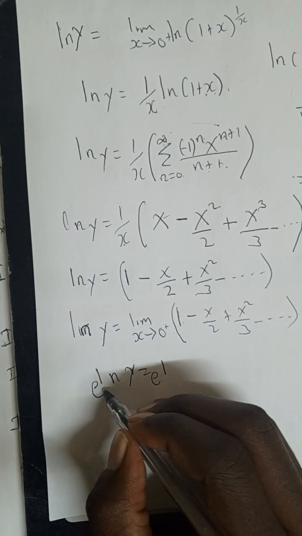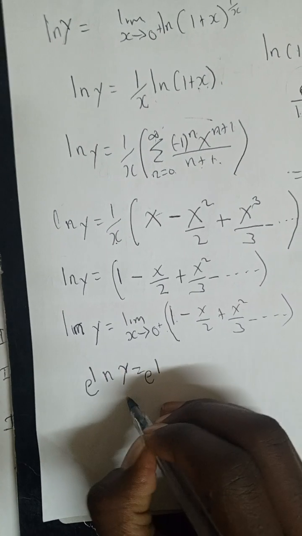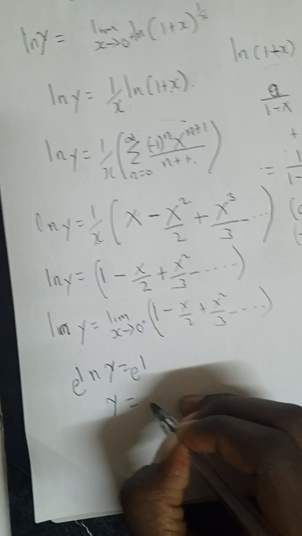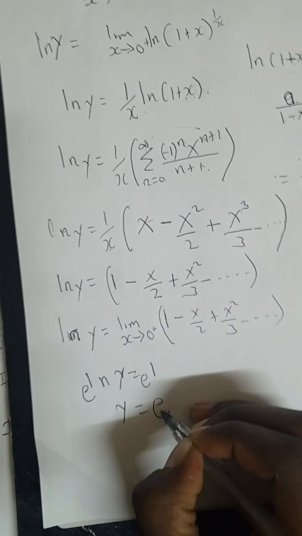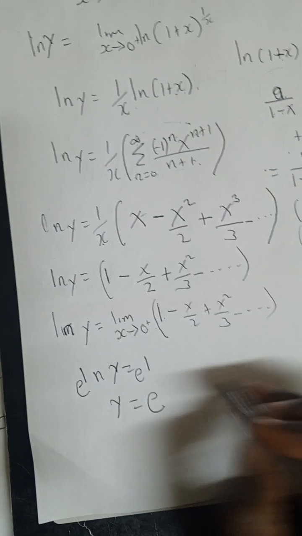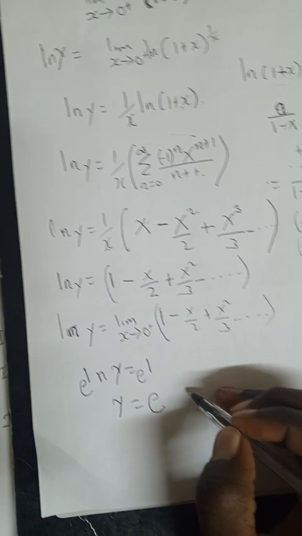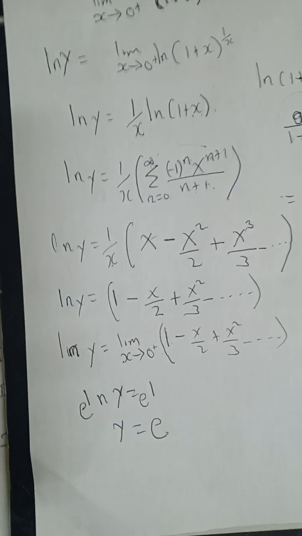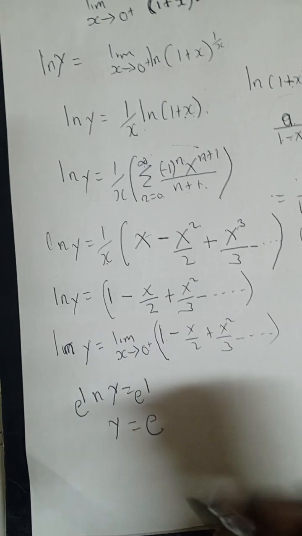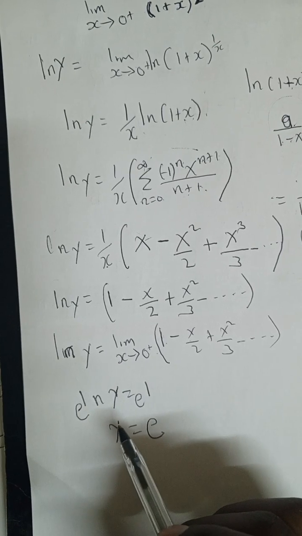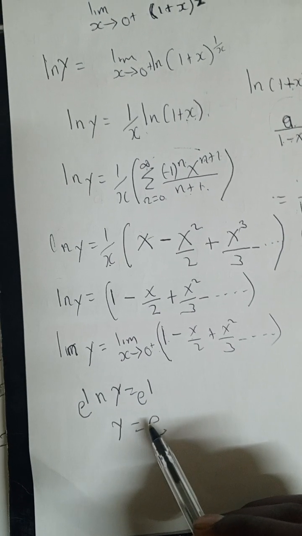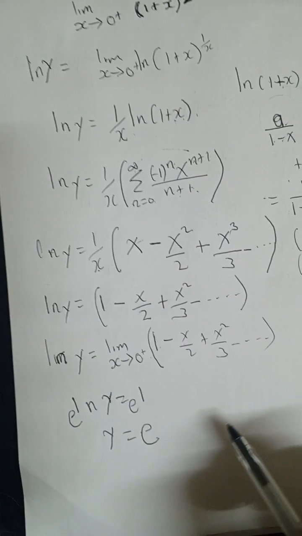So this natural log and exponent will cancel. So we are going to have y equal to Euler's number, which is approximately 2 point something, 2.71. So we can see that y is equal to Euler's number, which is a defined number.